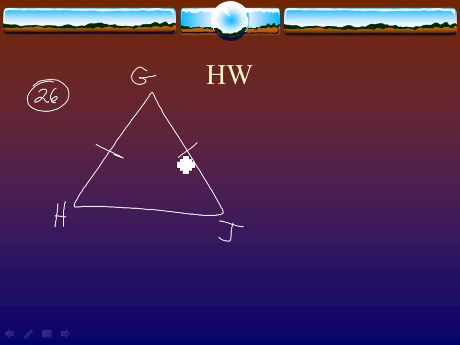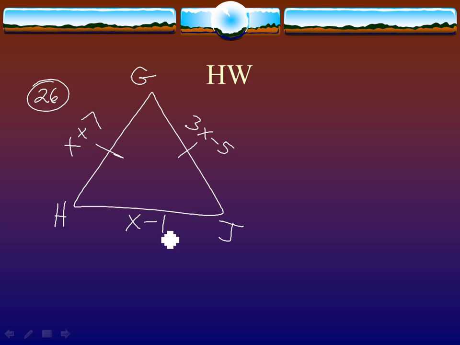Then they tell you that segment GH is x plus 7, so I'm going to label that. GJ is 3x minus 5. Then HJ is x minus 1. And they want us to find x and find the three sides of the triangle.